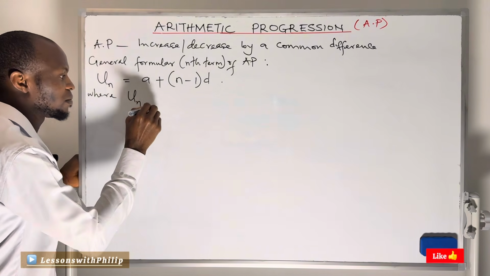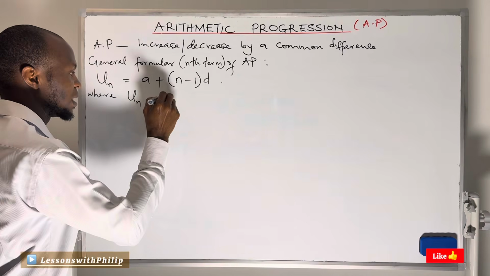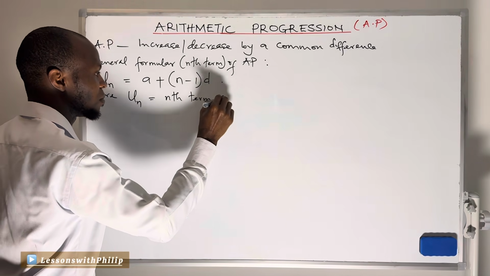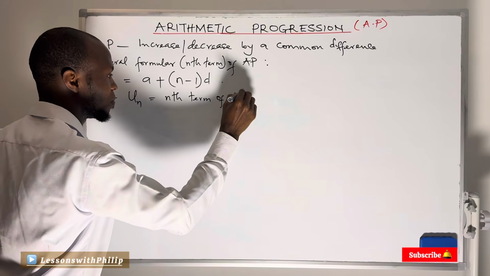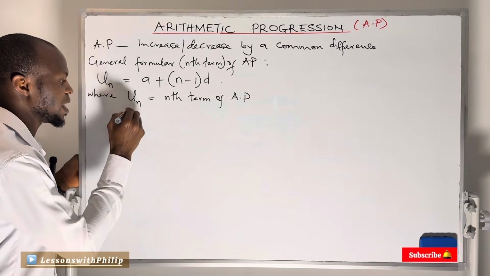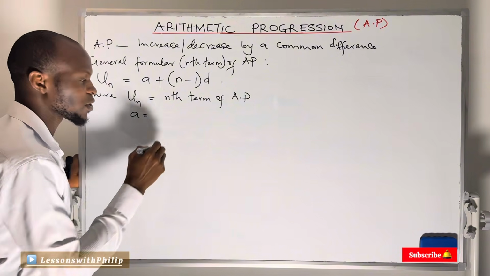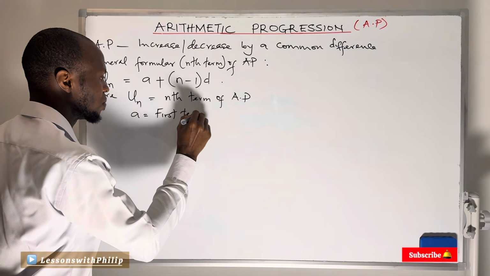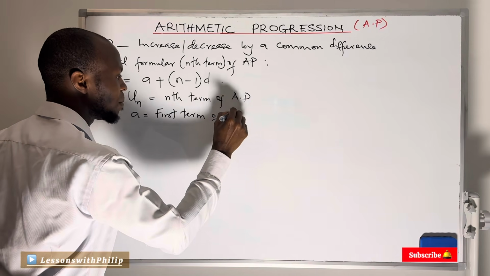Where T_n is known as the nth term of the AP, and A is known as the first term of the AP.